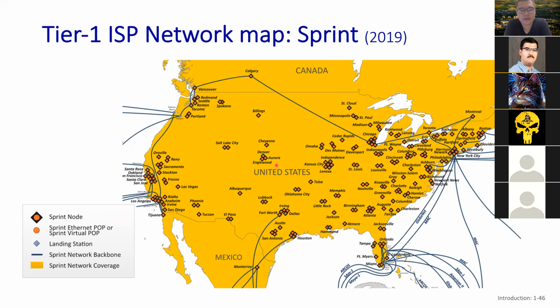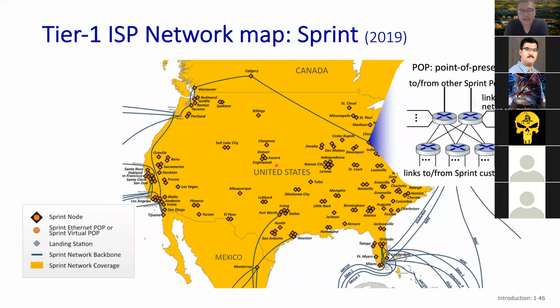Okay, so here we can see a tier 1 ISP network map, Sprint, right? Sprint provides a lot of POPs, points of presence, so it can provide the service directly to Sprint customers and users.